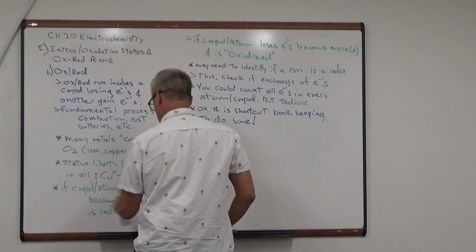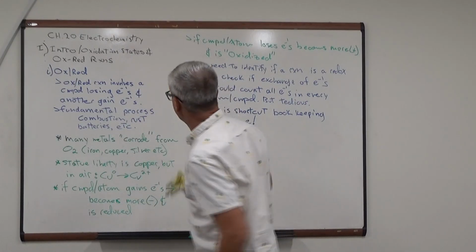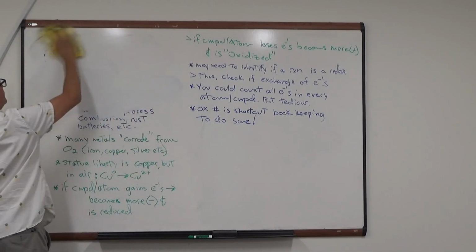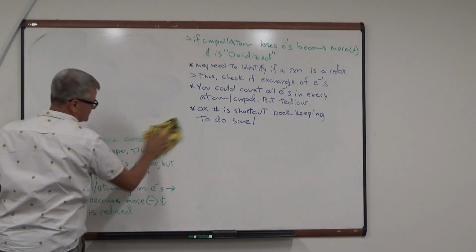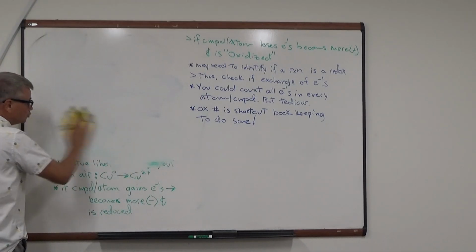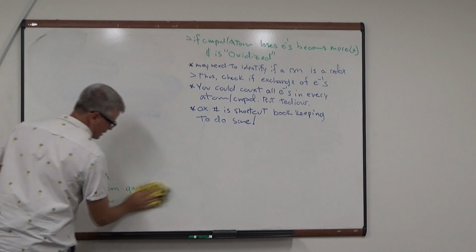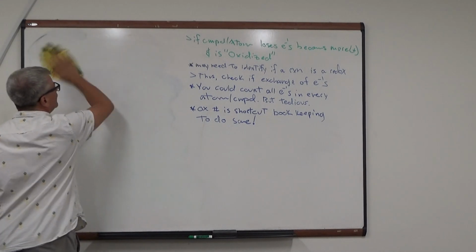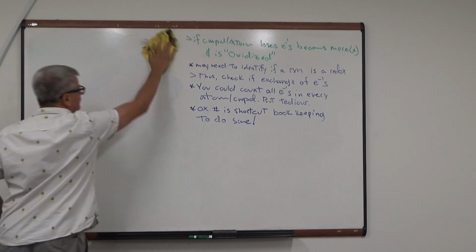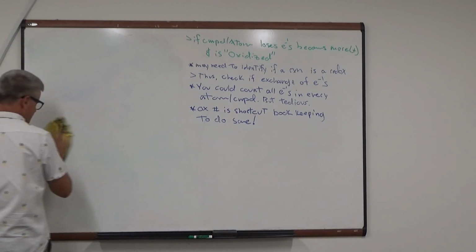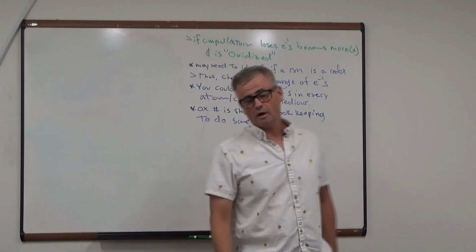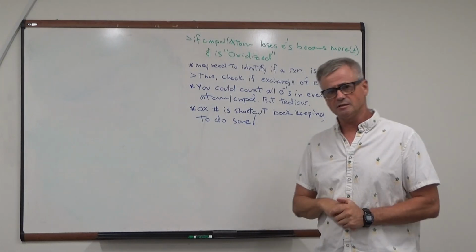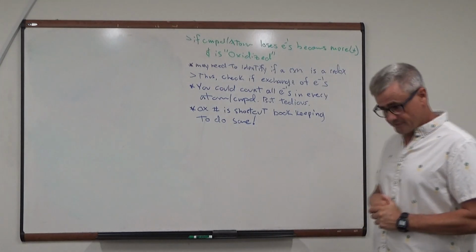All right, so I'm going to review a little bit on how we figure out oxidation numbers. A lot of the time, first of all, there's some rules of oxidation numbers. You'll remember things like the oxidation number of oxygen is always -2, except in peroxides, specifically for our purposes, hydrogen peroxide.